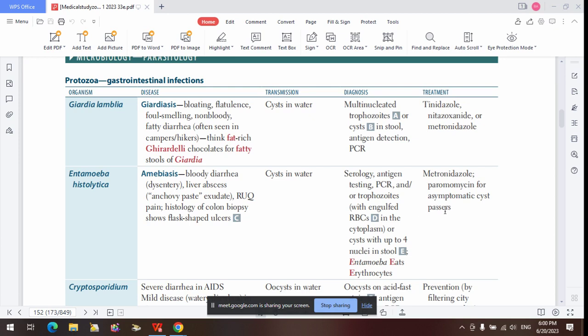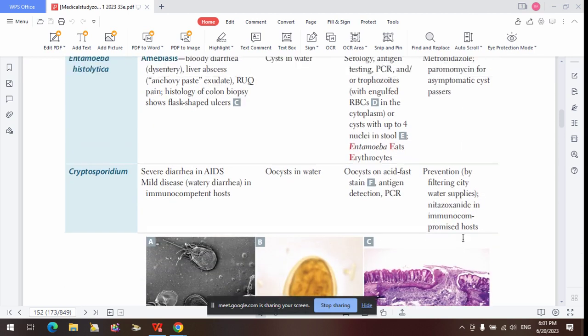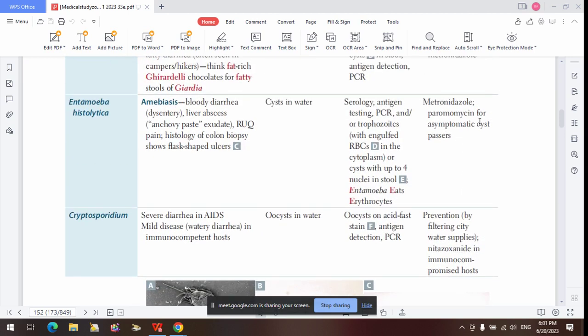Once you take it orally, it stays within the lumen and kills the cysts there, preventing the cyst from being shed out as a carrier state or differentiating into the trophozoite to cause invasive disease. So most of the time you want to combine both of them, metronidazole and paromomycin. To replace paromomycin, they can use iodoquinol.